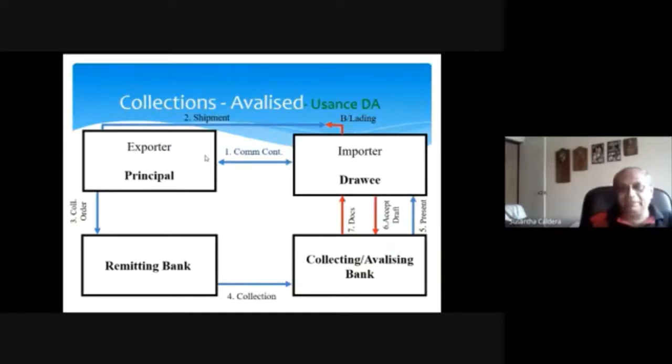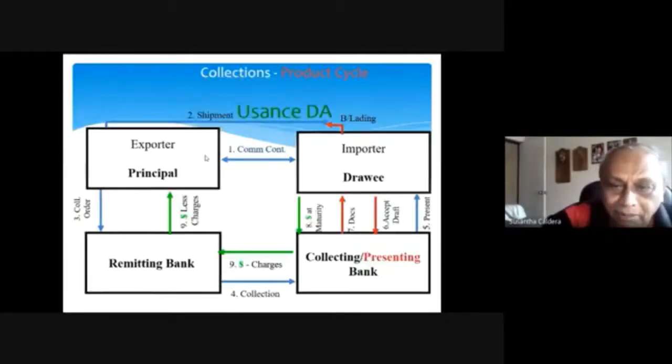It's like a game. Avalization means that now in a collection, the importer will accept the draft. If the importer doesn't pay on the maturity date, what can we do as a collecting bank? What can we do?